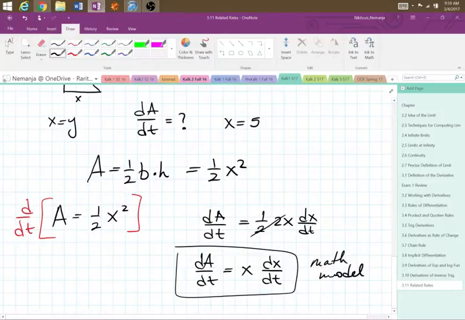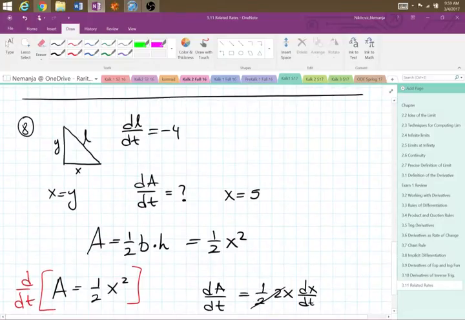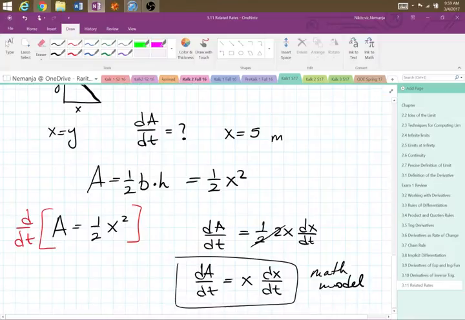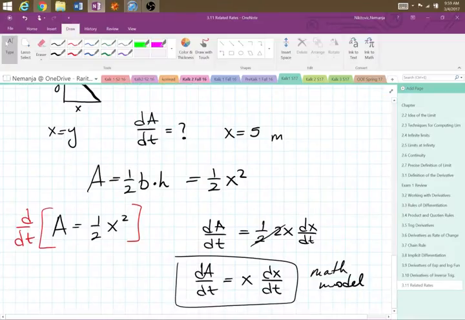Now you keep giving me different numbers. I will give you different answers, obviously, because now look what you have. The length of this length is changing at -4 meters per second, and x is given in meters. Okay, cool. But hold on. I have dx/dt.